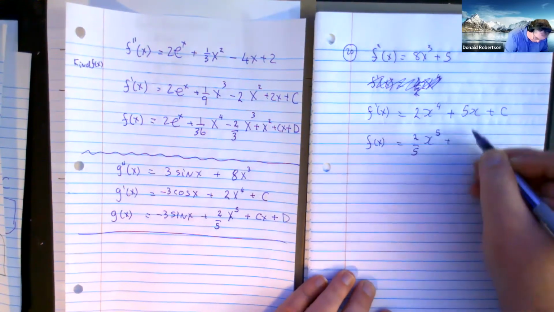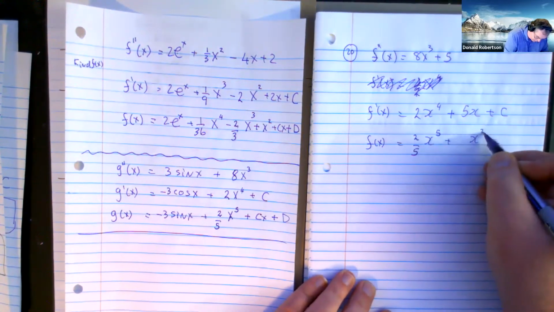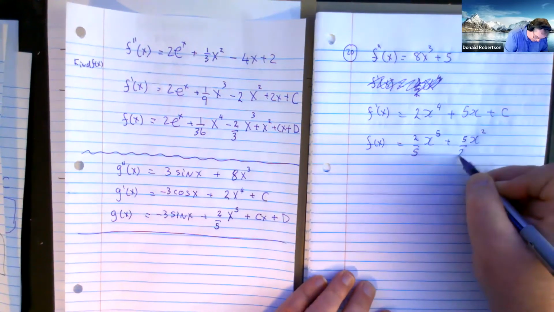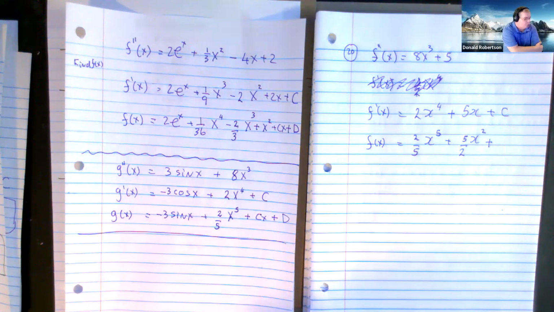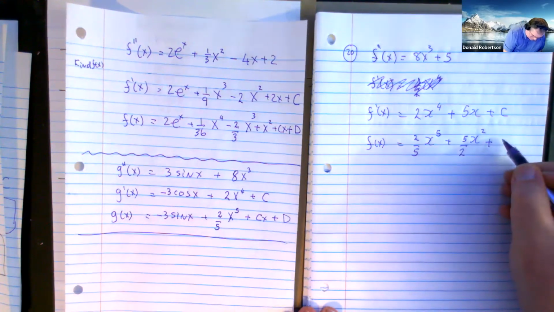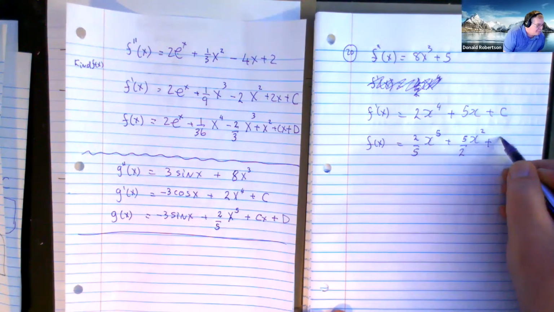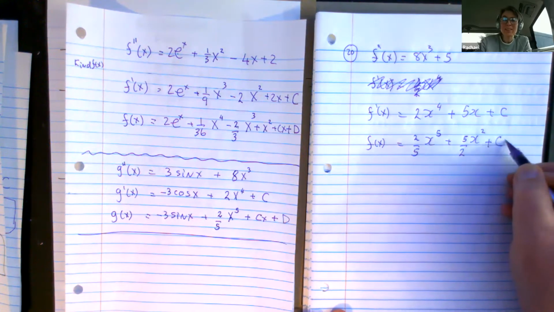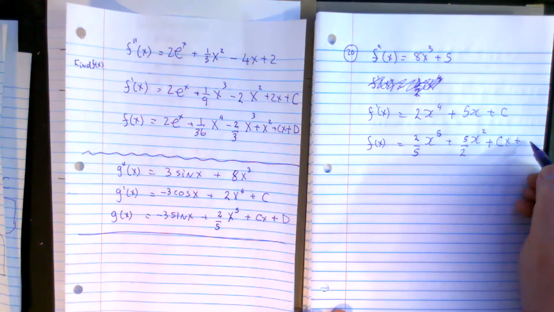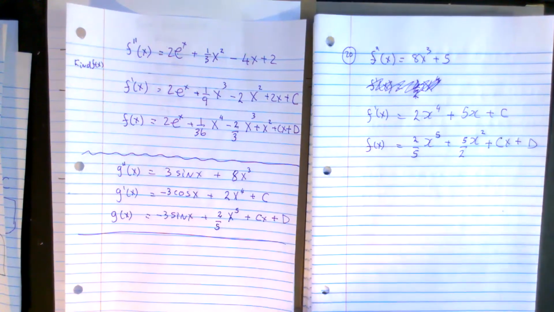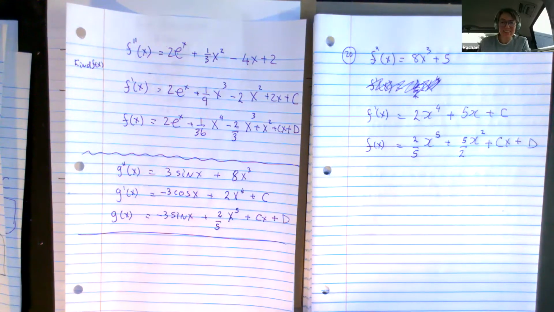Power rule a second time, add 1 to the power, divide by the new power. Hopefully this question is getting boring now. What does the plus C become? C times x plus D. We good?